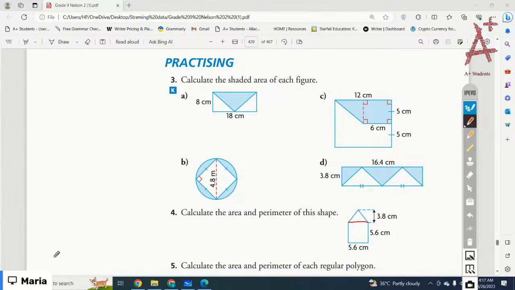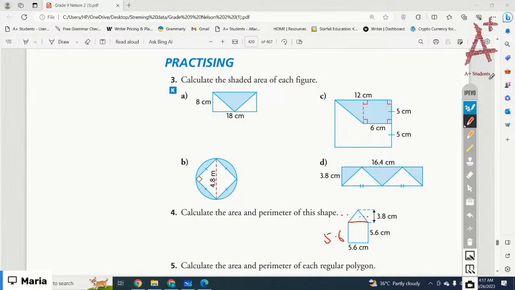Okay, that means it is 5.6, 5.6 and 3.8 you are given, right? One, two, three. They have this one also 5.6 and you have to calculate these two sides, right?